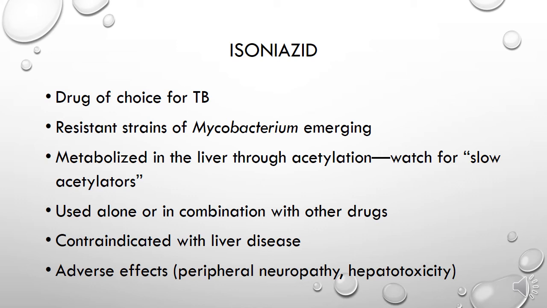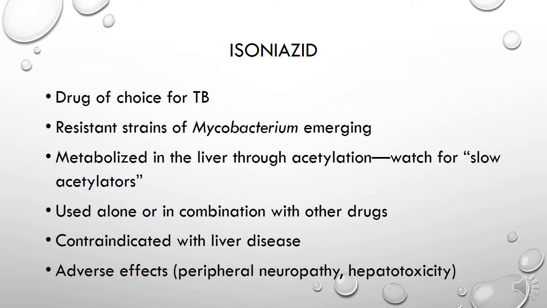So acetylation, again, is a metabolization process through the liver. Some people are genetically prone to something called slow acetylation, and therefore they would have to have a different dose of isoniazid or INH.